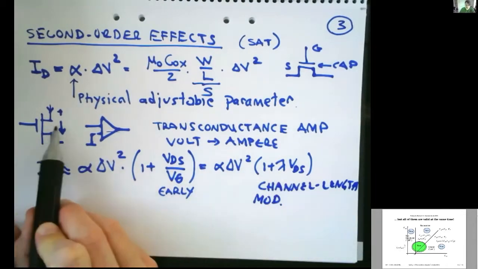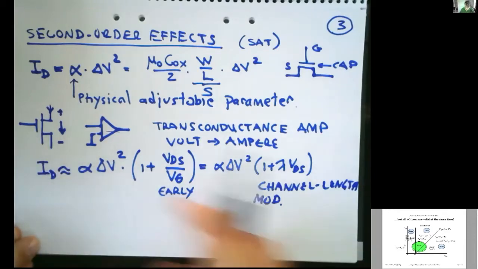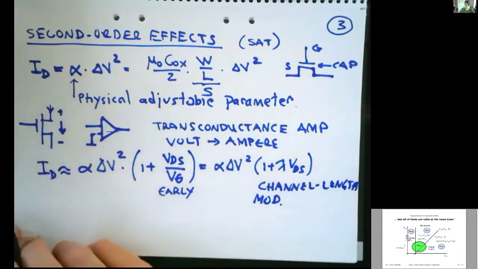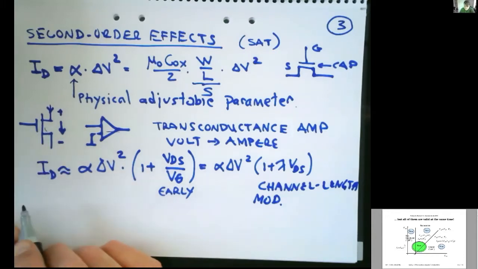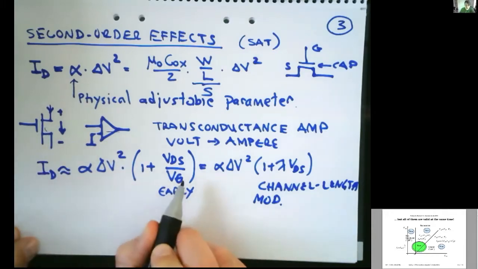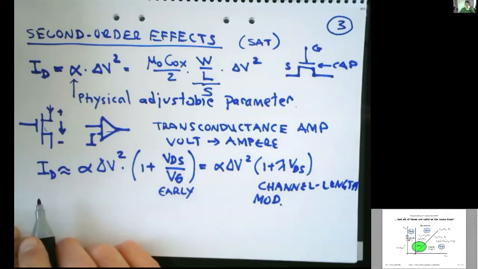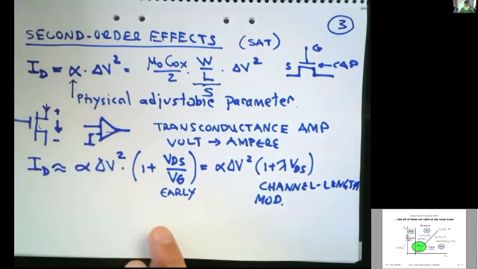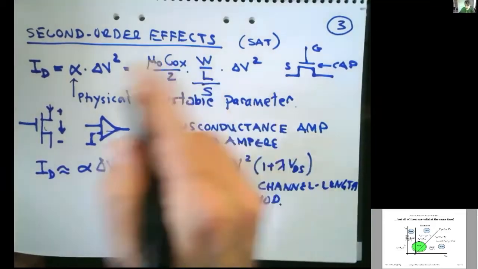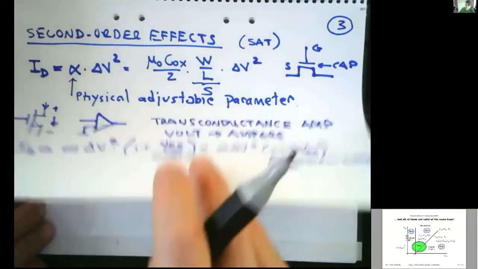The modulation is due to these effects of these electrical fields, so that I get the channel which behaves a bit odd in this transistor. But we typically have to use this parameter to understand a little bit more about the transistor. So let's continue and build up some framework around this.